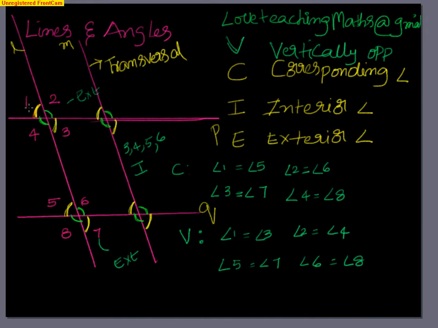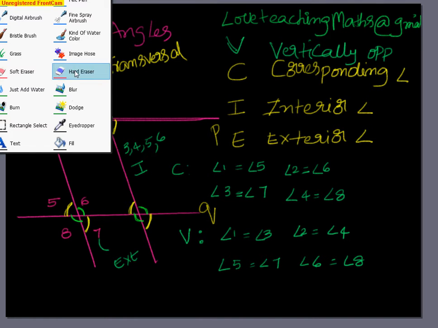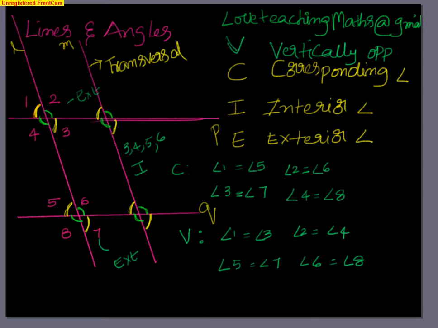And we also know that vertically opposite angles are equal. So 1 and 3 are equal, 2 and 4 are equal, and 5 and 7 are equal, 6 and 8 are equal. If you take these two, let's see if we can establish any relationship. So let me erase this part.